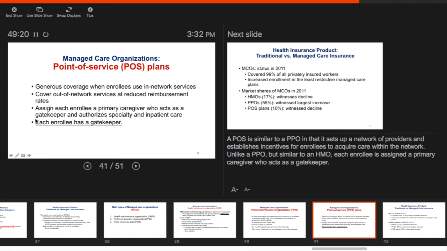The difference between POS and PPO is that each enrollee has a gatekeeper, compared to PPOs, where you don't need a primary doctor's referral to see a specialist or go to inpatient services. In this case, there is a gatekeeper. That's the difference. This is something between the HMO and the PPO.